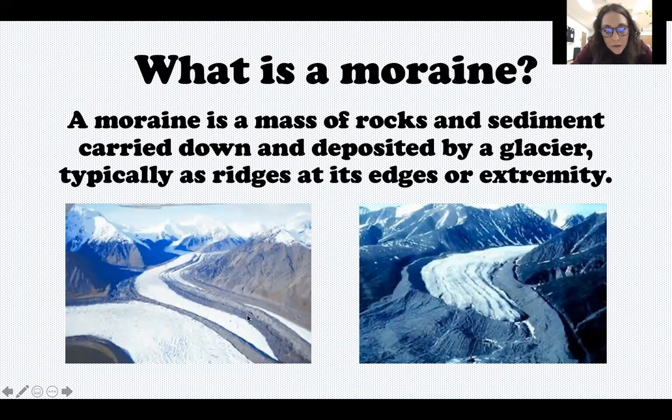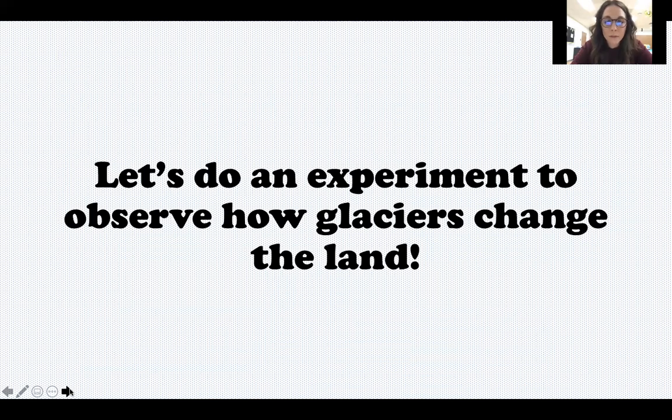The moraine could be a ridge on the edges of where a glacier had moved across, or it could be like in this picture, where the glacier stopped right here, maybe it melted, and all of the sediment that has piled up here and been deposited by the glacier has created that landform called a moraine.